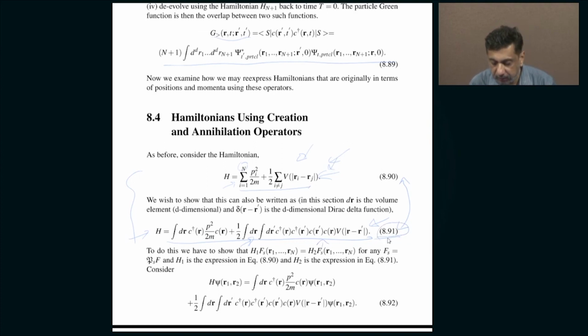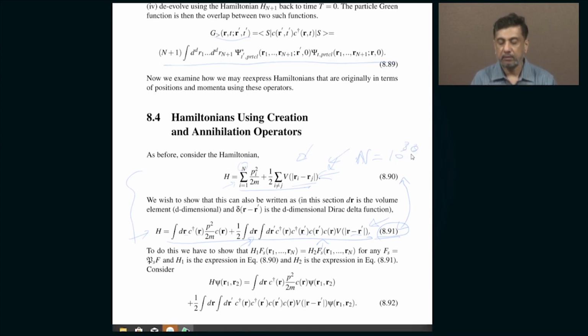8.91 seems incredibly simple for the following reason: here there are only two vectors, r and r dash, but here there are n vectors, and n could be macroscopically large. If you have a typical gas, or electrons in a metal, you would have a lot more than this.